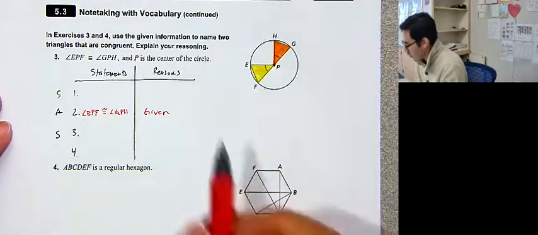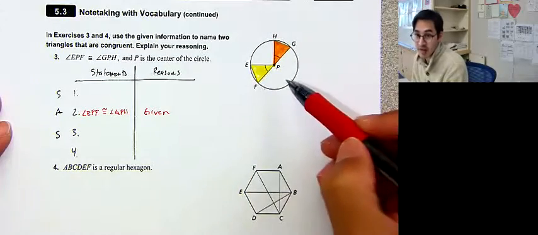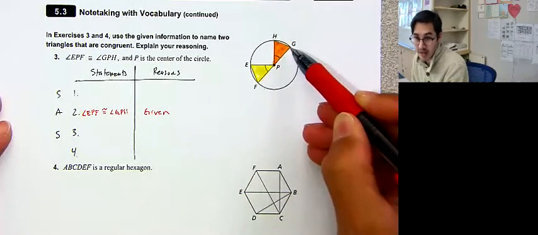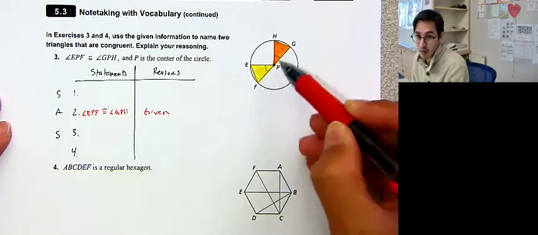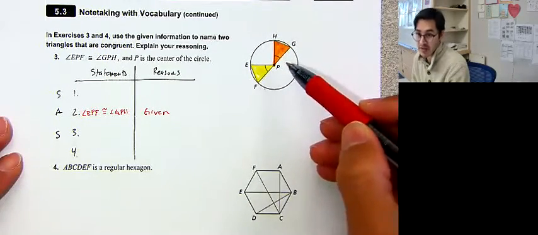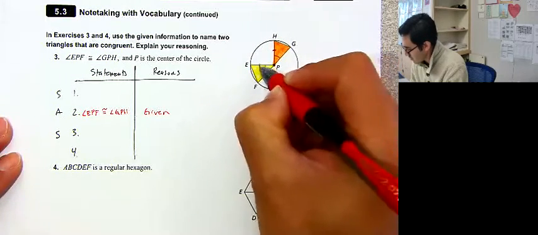Now, one thing to note is that we have a circle and P is the center. So any segment we draw from the center to the edge, or the circumference, of the circle is going to be a radius, and the radius of the circle is always the same. The segment from P to H is a radius. The segment from P to E is a radius.